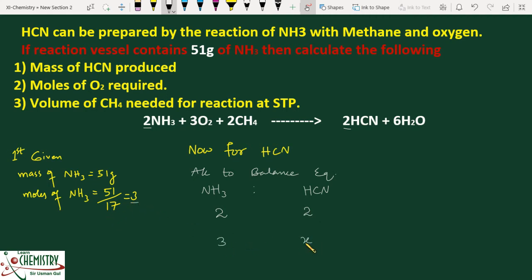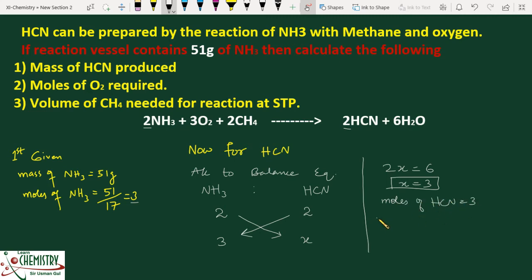So for HCN I will just use x here. Okay, and then I will do the calculation by cross multiplication. I will get 2x equal to 6, and when I divide 6 by 2 I will get x equal to 3. Okay, now these are the moles of HCN, that are 3.